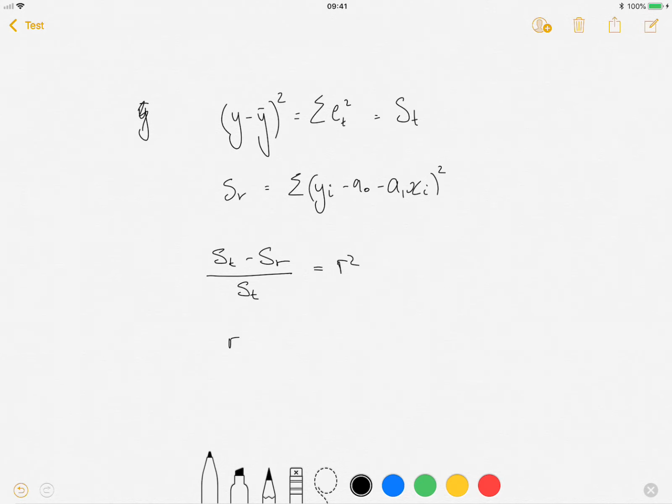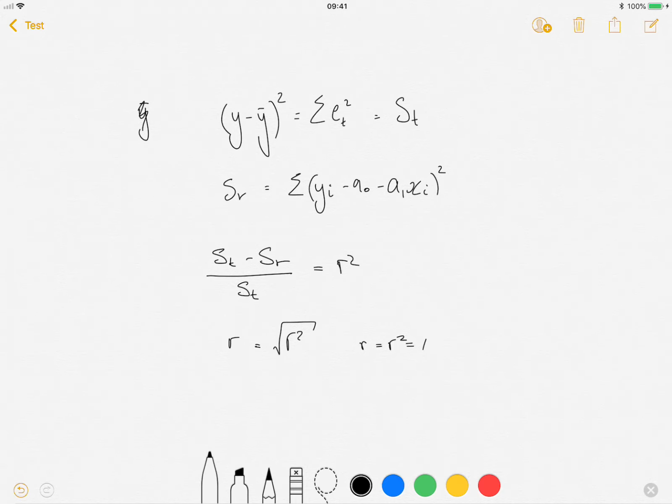So r, the correlation coefficient, is obviously just equal to the square root of r squared. Now for a perfect fit, the sum of residuals is 0, and therefore r equals r squared, which is equal to 1.